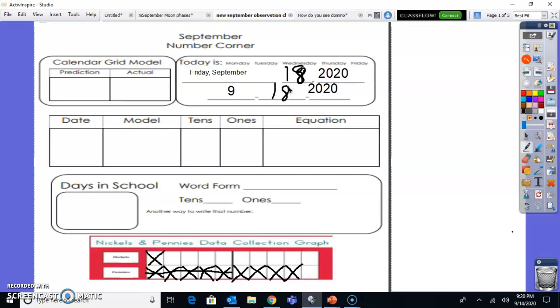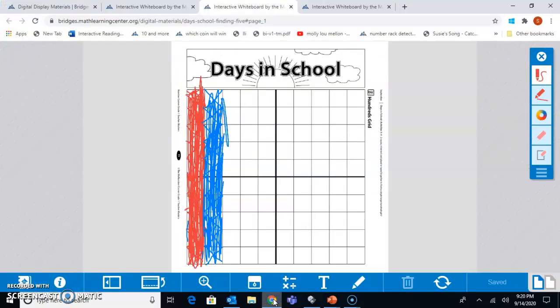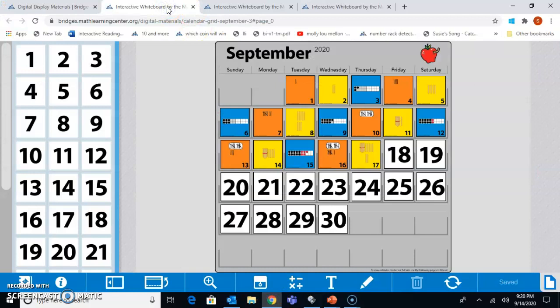Okay, so go ahead and start making your prediction while I show you the calendar grid. Yesterday was popsicle sticks. Let's see what today is going to be. So with the 18, we had popsicle sticks. So what is it going to be, folks?